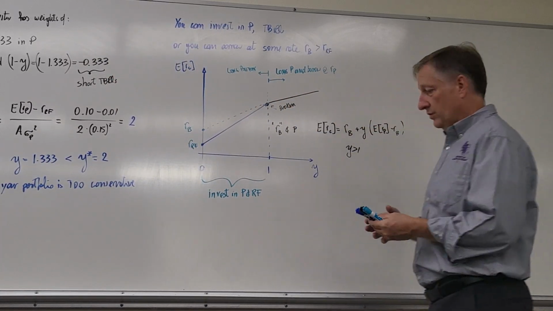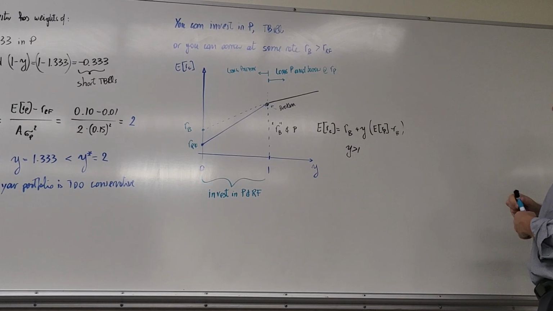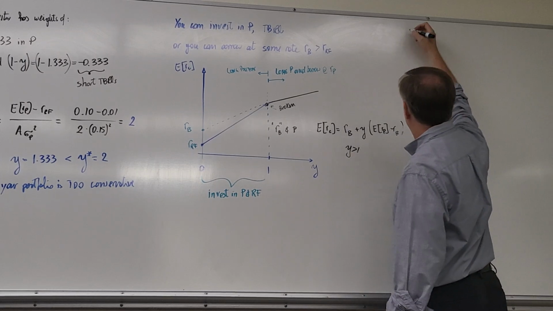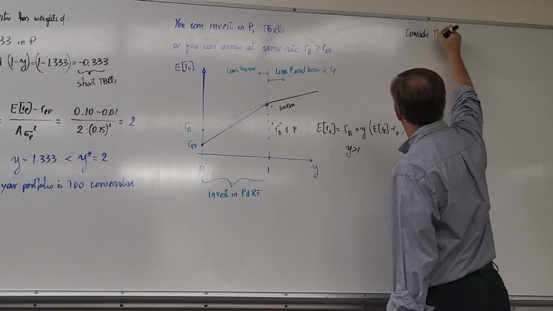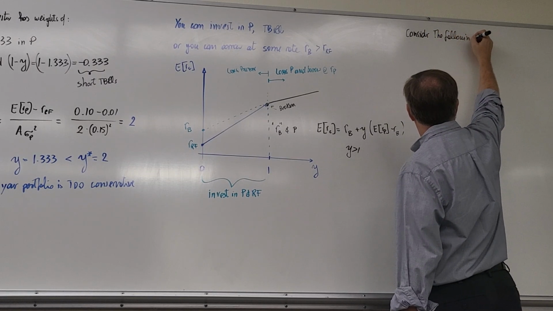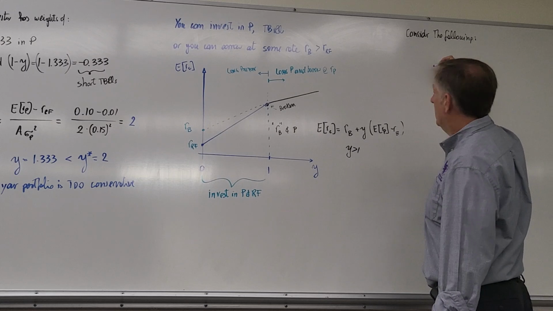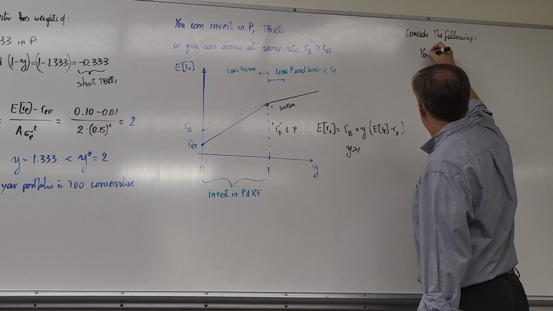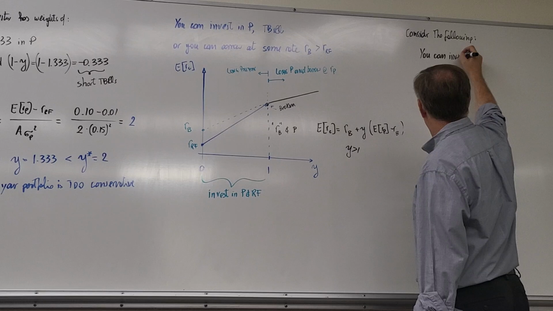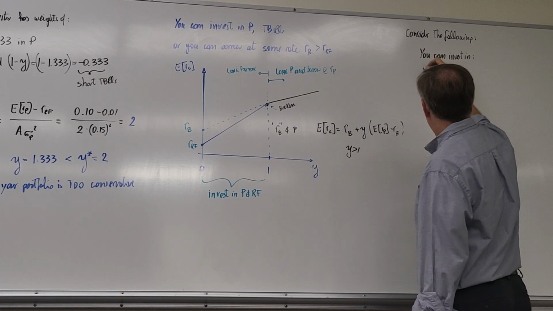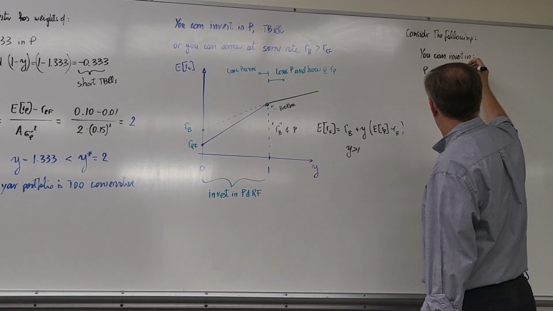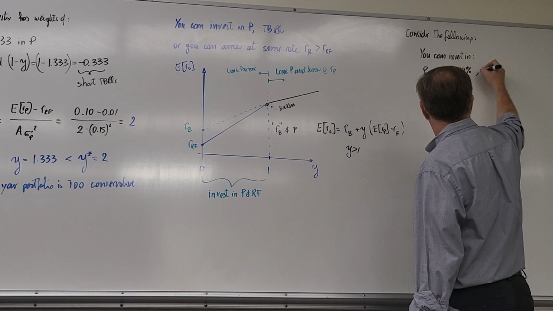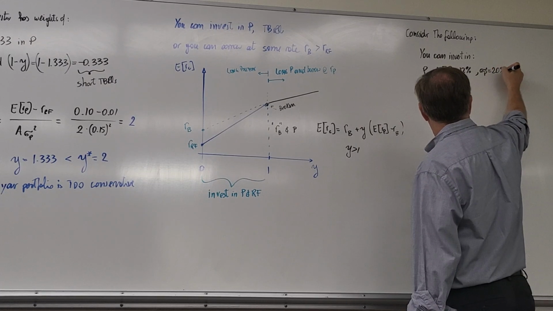So let's start with an application then, and then we'll see. So examine question number 4. Consider the following. You can invest in P, which has an expected return of 12% and a risk of 20.